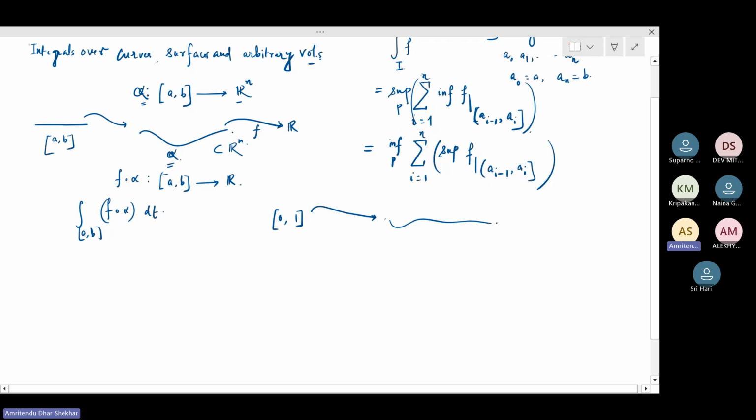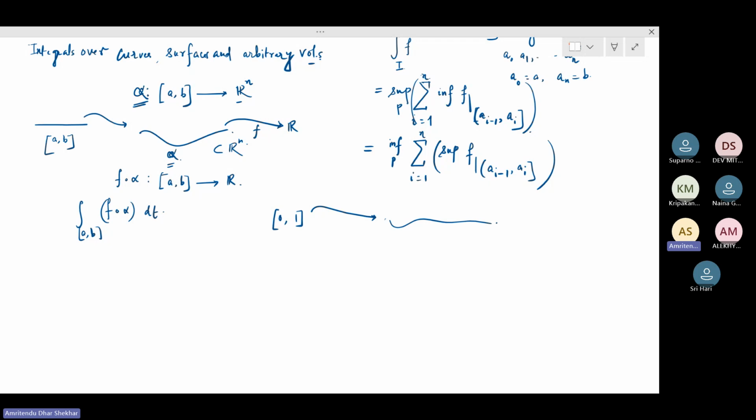In other words, the curve should be thought of as the image of a map, but the domain of this curve alpha could be (a, b), or any other interval. And on top of that, you could use various other parameterizations. For instance, last time we saw what we call the arc length parameterization of a curve.